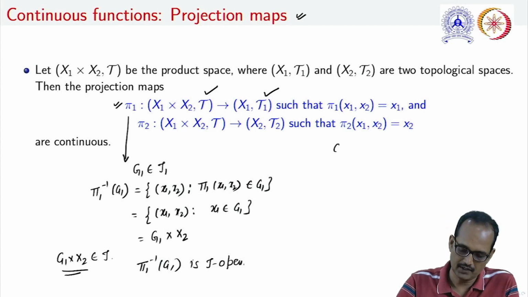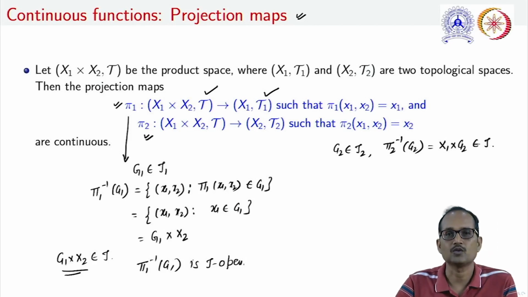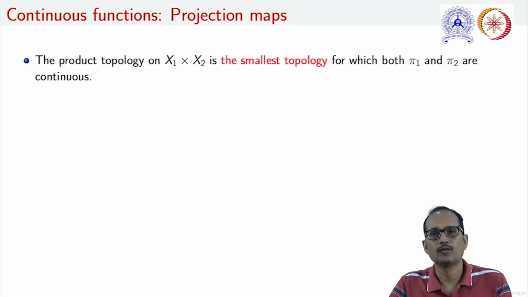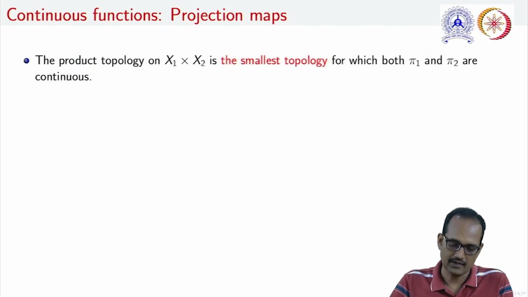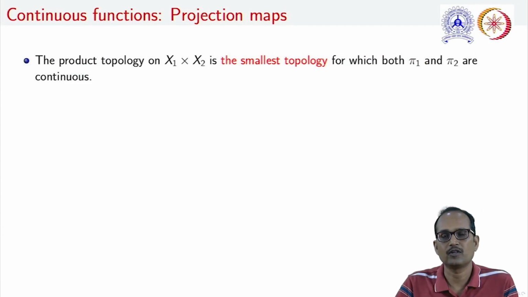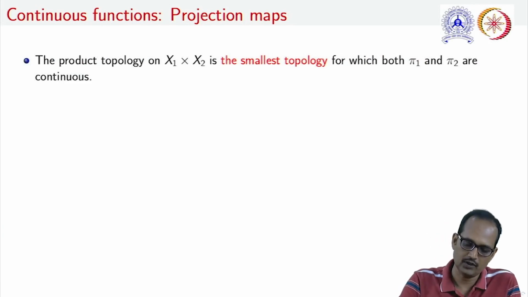Similarly, if we are taking any g2 belongs to tau 2, we can justify that this pi 2 inverse of g2 will be nothing but x1 cross g2, which belongs to tau, and therefore this map is also a continuous map.